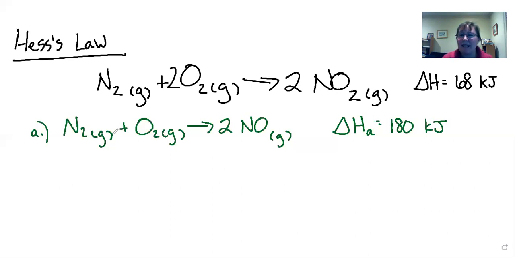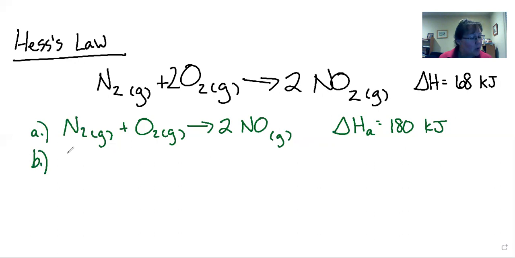Now you'll notice that I'm making a big deal about these are all gases. And that is because if these were not gases, if they were liquids for some reason instead of gases, then the delta H value would be different. The delta H value is dependent upon the states within the equation. And that is a very important thing to pay attention to.